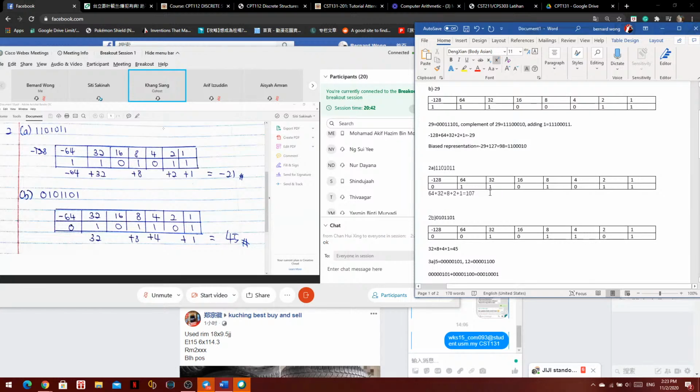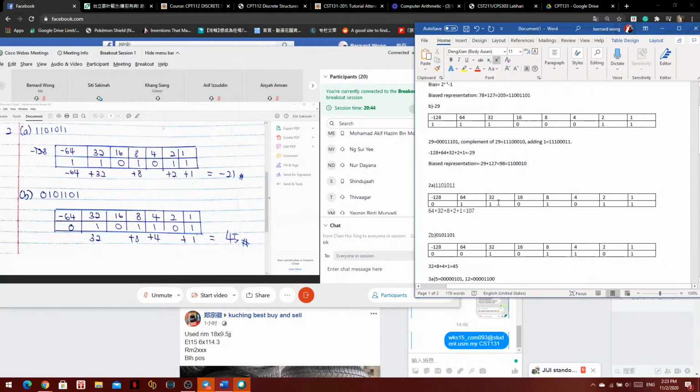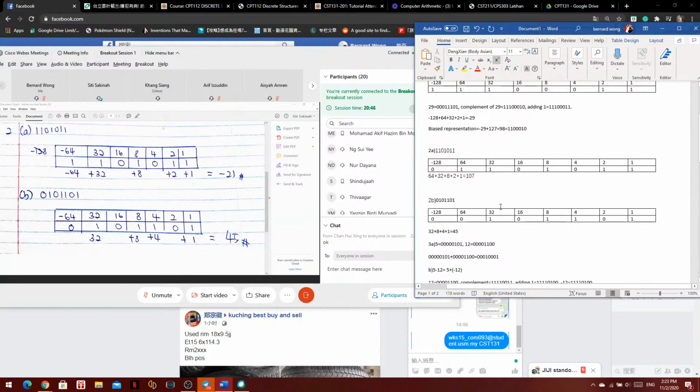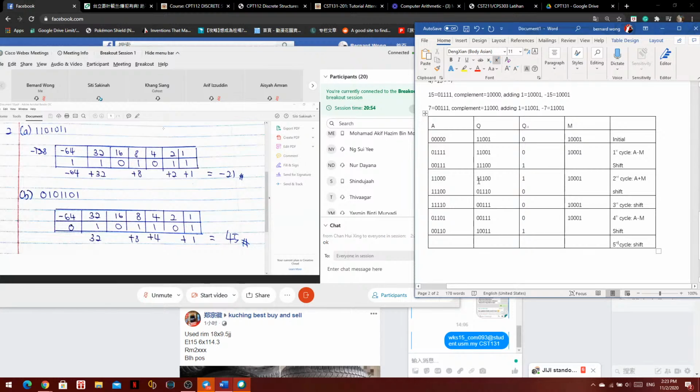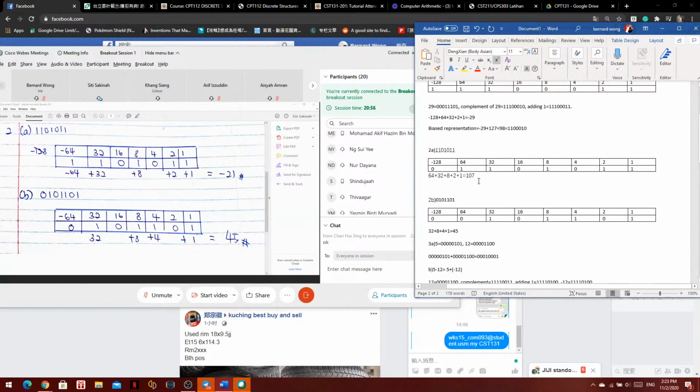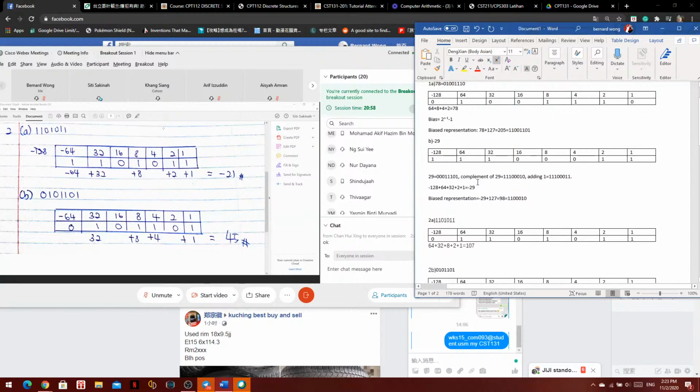For number 2A, I just use the table to understand. Actually we have 7 bits, so that's why I use negative 64 at the beginning.